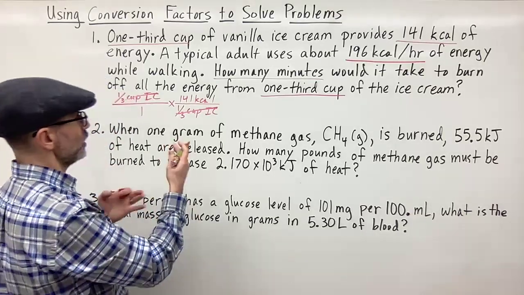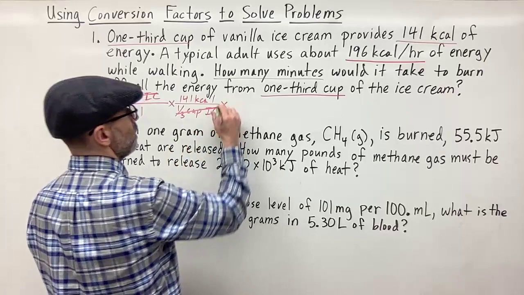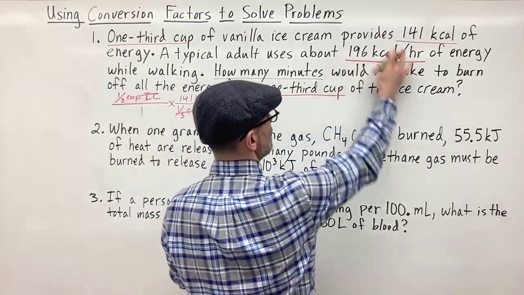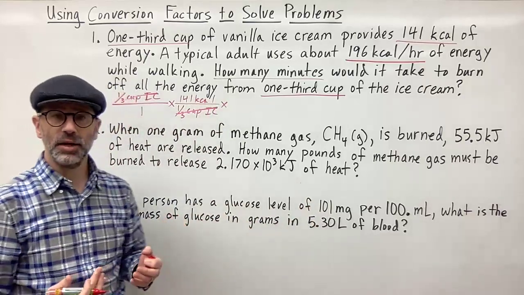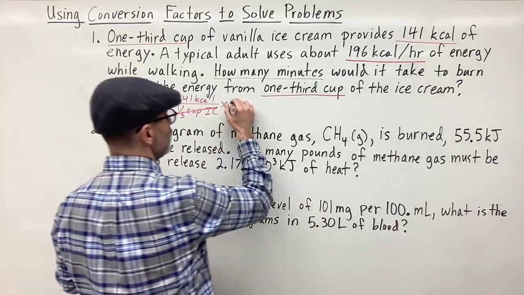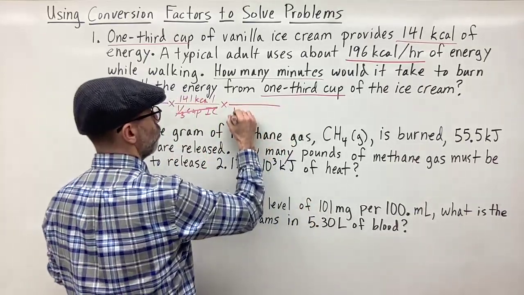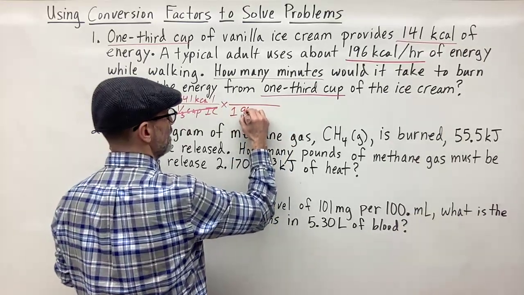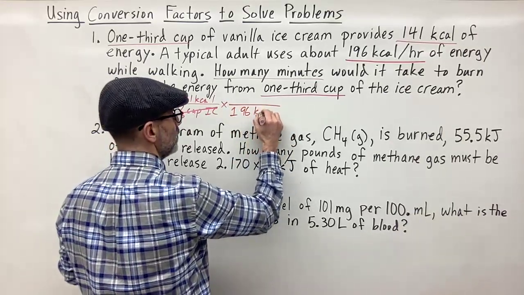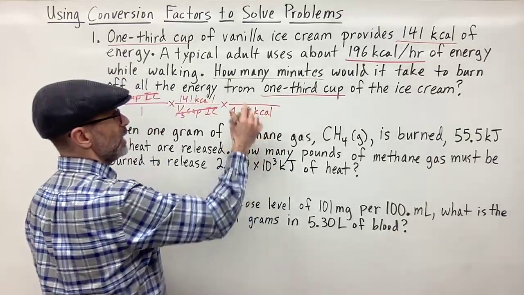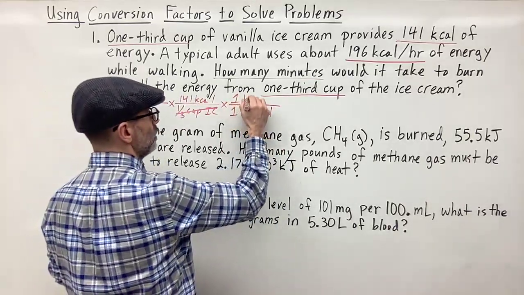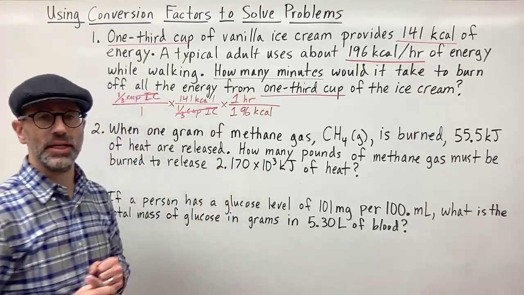Now we can use that kilocalories because we know that 196 kilocalories is equal to 1 hour of time. So we can use that. So we can put 196 kilocalories of the energy on the bottom, and 1 hour of time is on top.